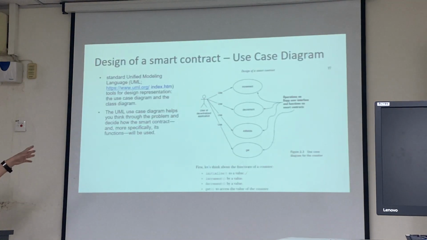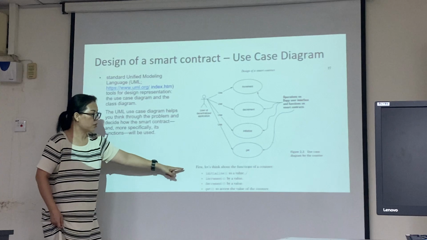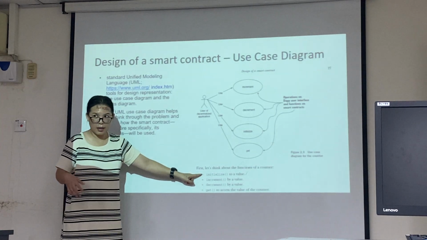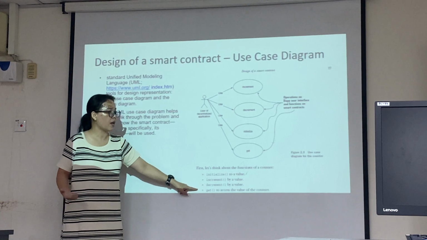Now, in your assignment, you need to draw a use case diagram also. Whether you are using Truffle for your DApp or you're using another tool, you are required to have a use case diagram. For example, I set an initial value, then increment, decrement, and the get function.